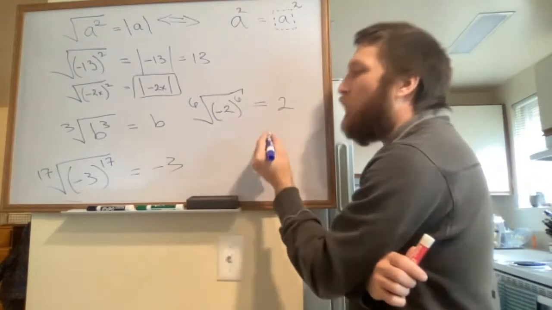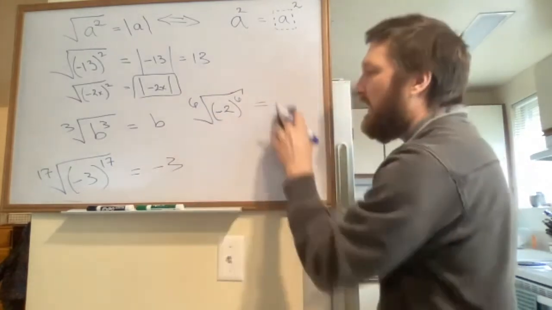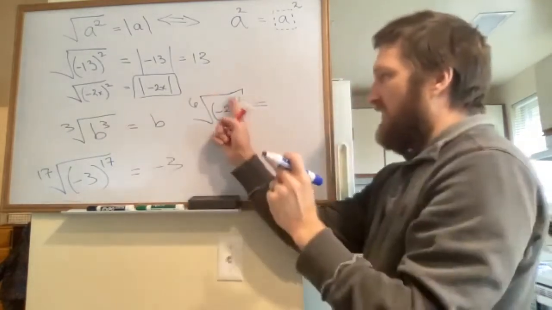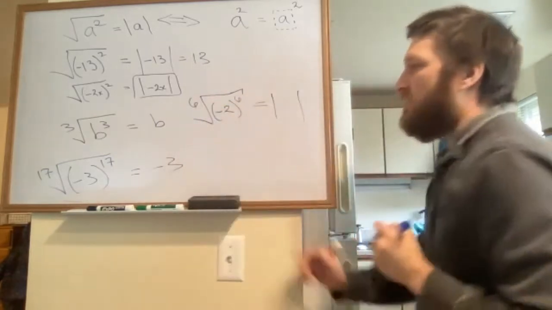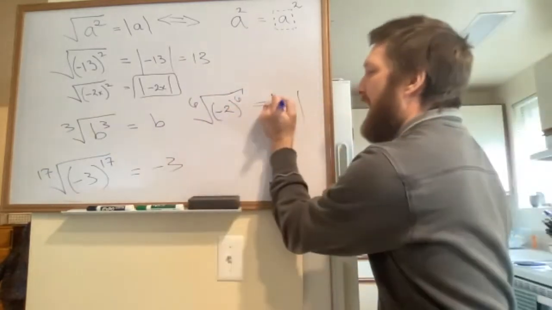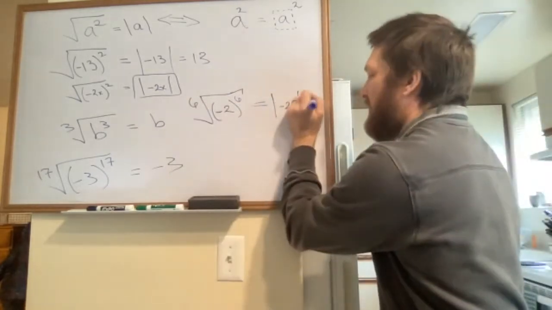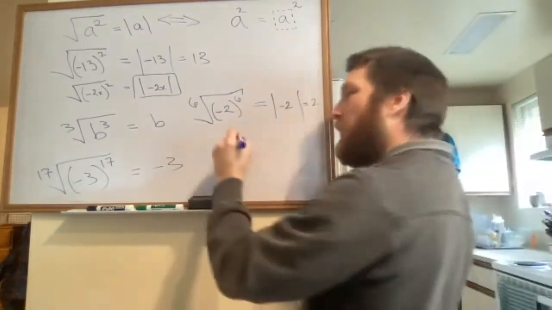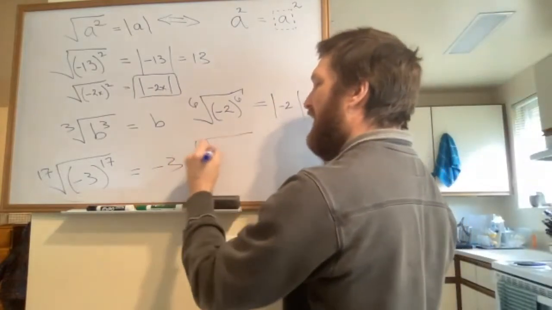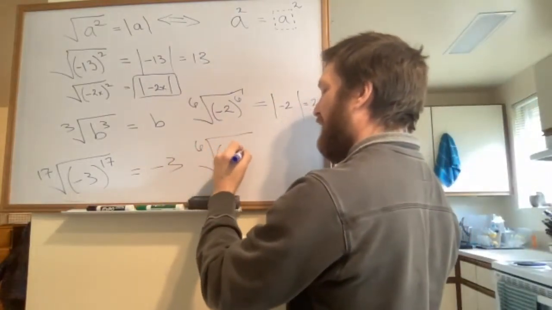Yeah, and technically, we could say it's whatever's in there in absolute value. And so we'd say, yep, the absolute value of -2, which does come out to be 2. The tricky part comes when we have something like this.